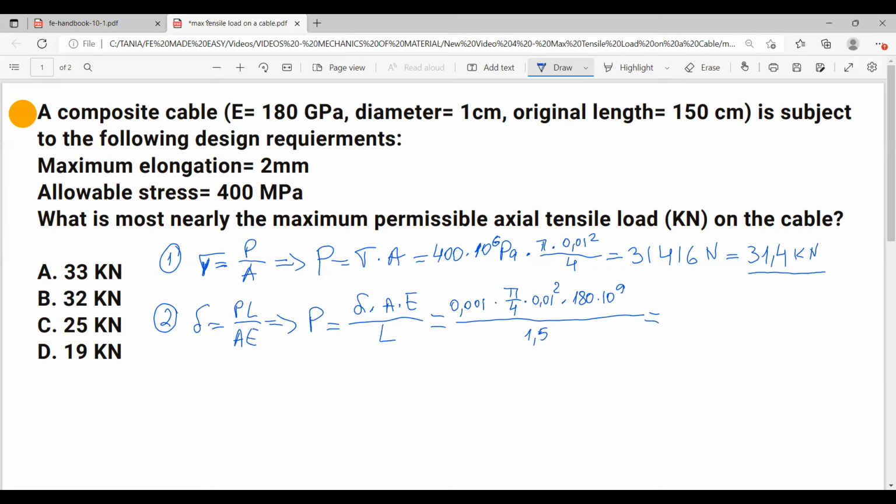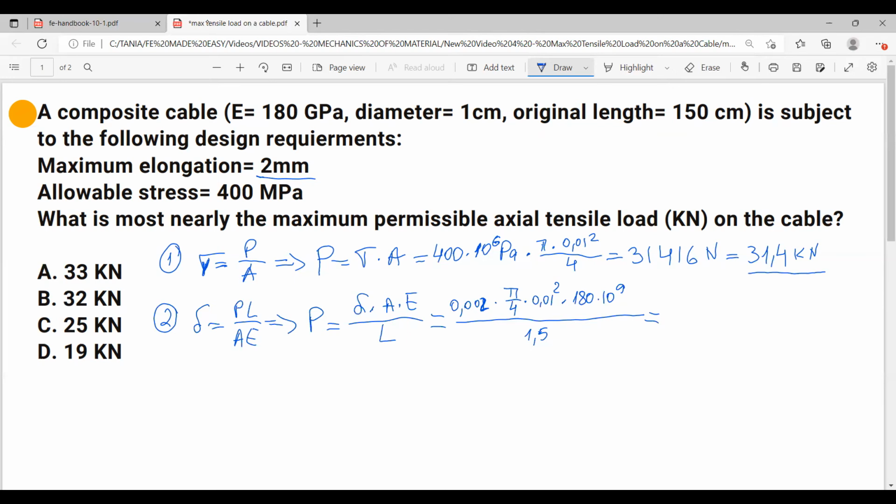And all of this is going to be equal, here deformation, it's 2 millimeters. So 2 millimeters divided by 1,000 to transform to meters, we get 0.002.